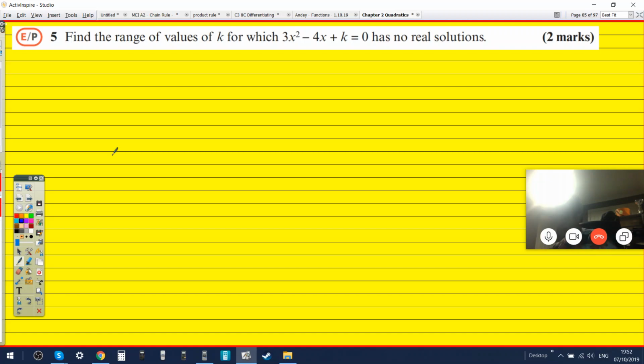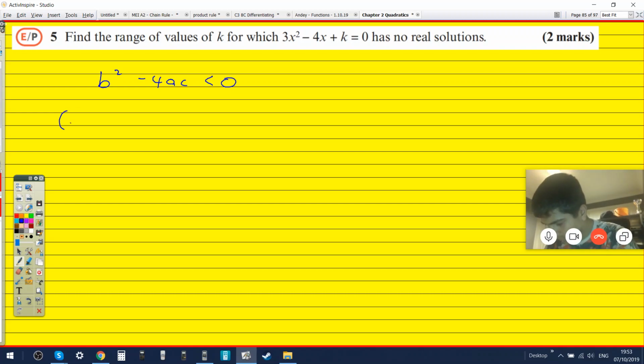So that means b squared minus 4ac is smaller than 0. And then it'll be minus 4 squared minus 4 brackets 3k, and then it'll be 16 minus 12k is smaller than 0.